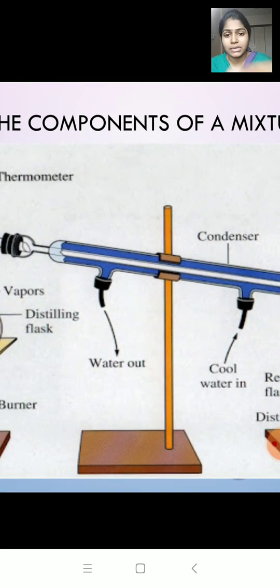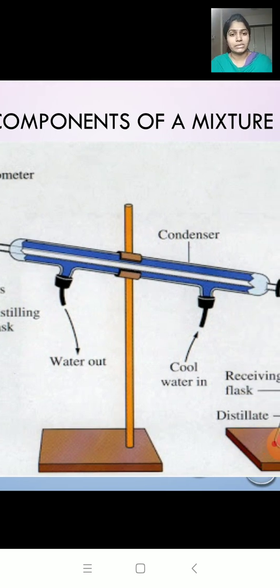You can see it is thick glass tube, and that thick glass tube is called as water jacket. This water jacket has two openings. So through one opening the water from the tap will be supplied in the water jacket, and through the other opening the water will be given out with the help of pipe into the sink.